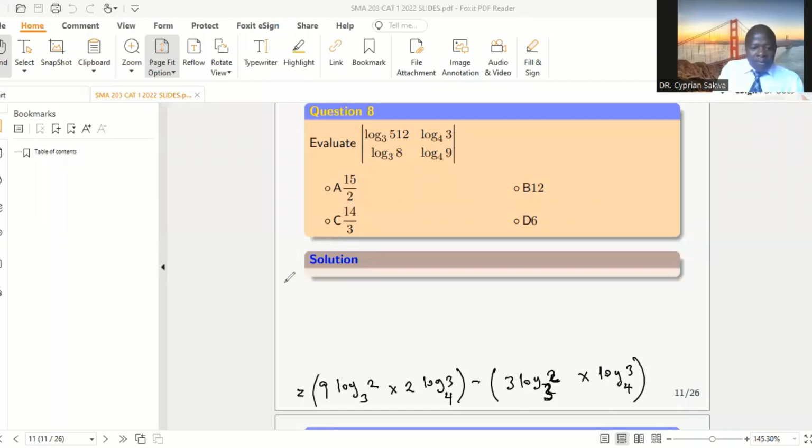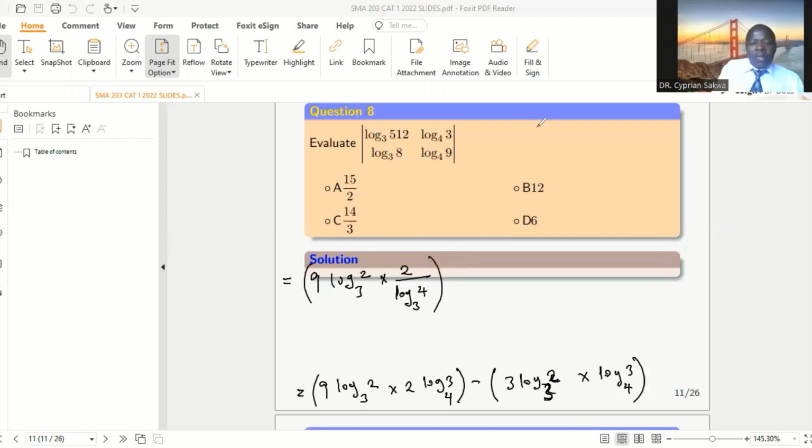So what I have there is 9. Let's write it properly. I have a 9. I want to maintain this base, log of 2 to base 3, but I want to interchange this base. So it would be 2 out of log of 4 to base 3.